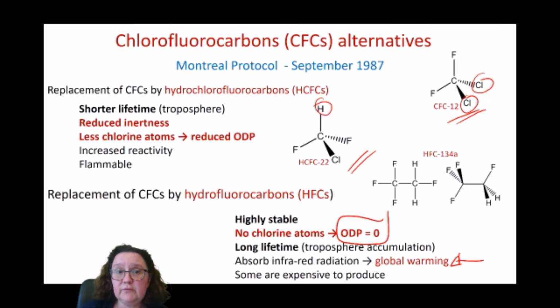They are better in terms of the reduced ozone depletion potential or the total absence of ozone depletion potential. They do have their own issues. For example, HCFCs are more flammable, and HFCs participate in the process of global warming because they absorb radiation in the infrared part of the spectrum.